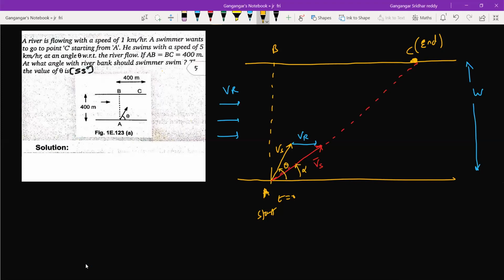What is theta? The angle made by the velocity vector of the swimmer with respect to ground. VSR is the velocity of swimmer with respect to river. This is called the bank. This is the opposite bank.